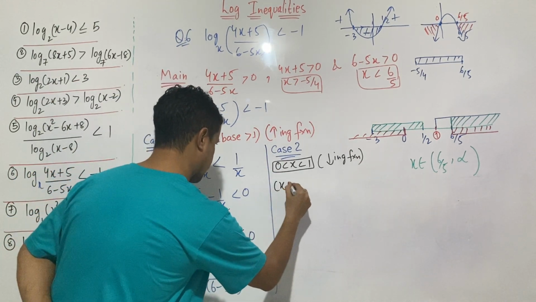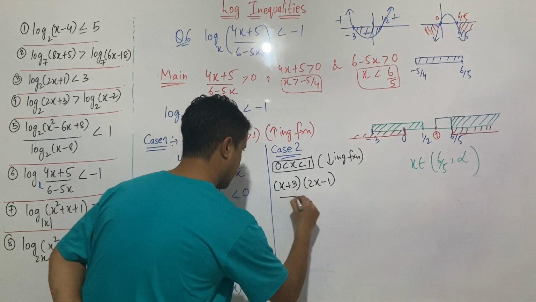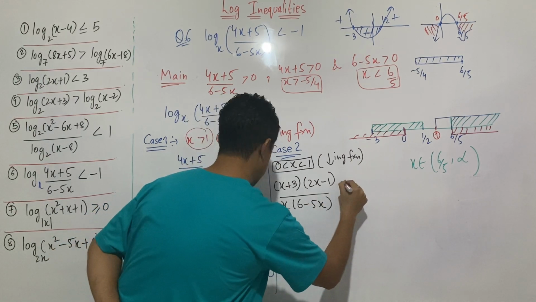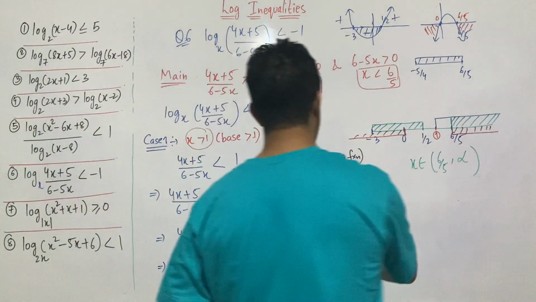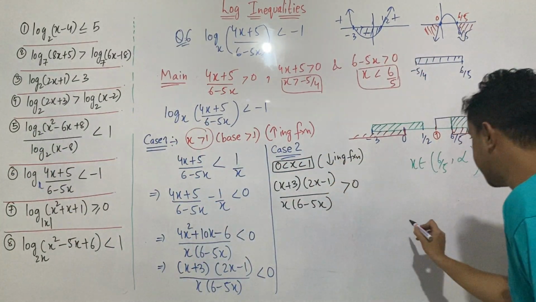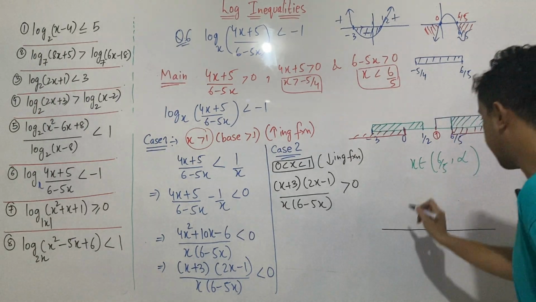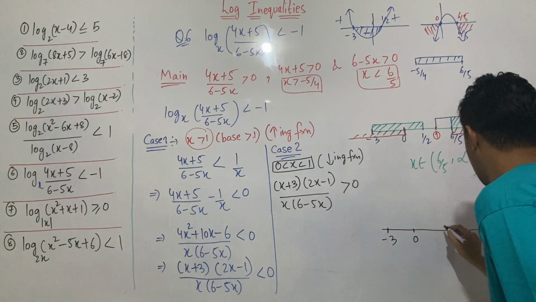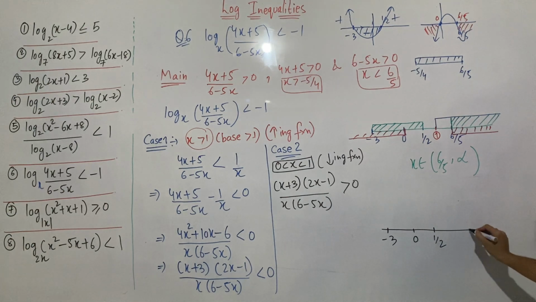So it's going to be (x plus 3)(x minus 1) by x(6 minus 5x), and here greater than 0. Now we have to solve this. Again we have the same thing here. So here I can draw the same points, minus 3, 0, 1 by 2, and here 6 by 5.